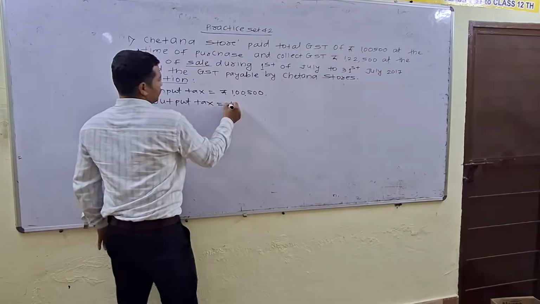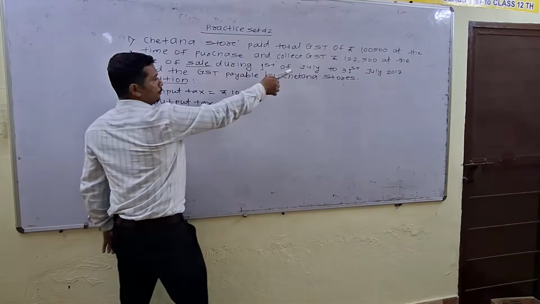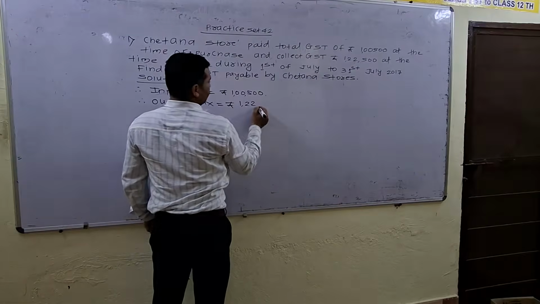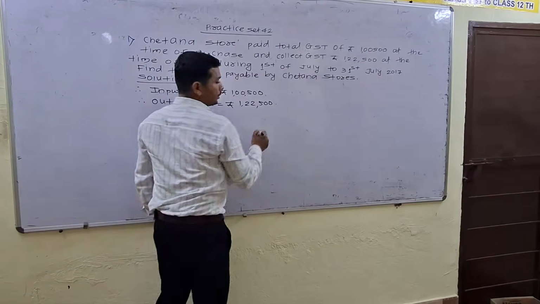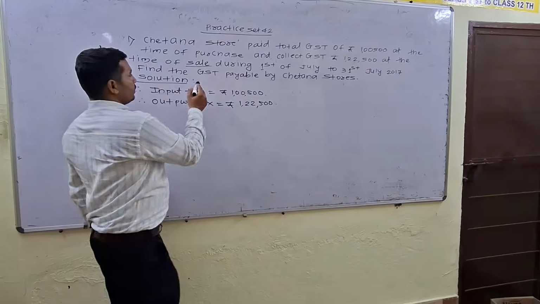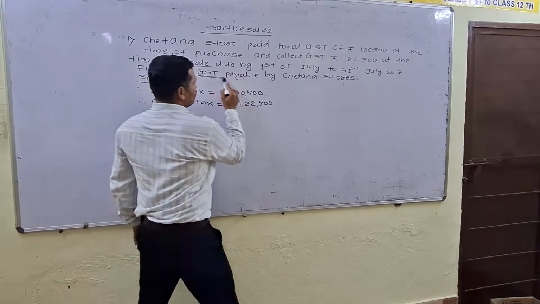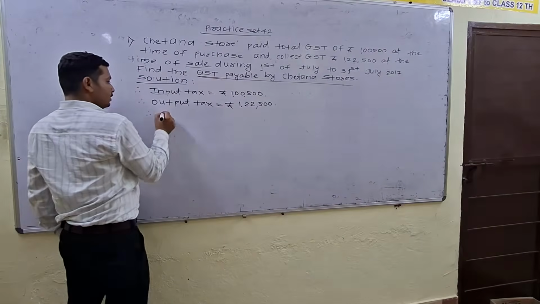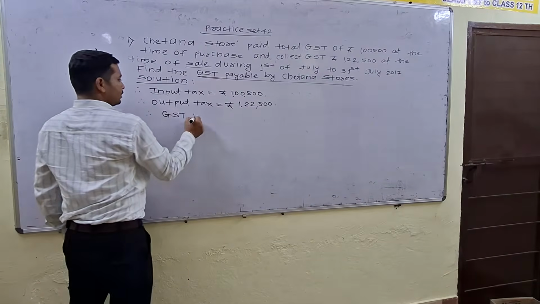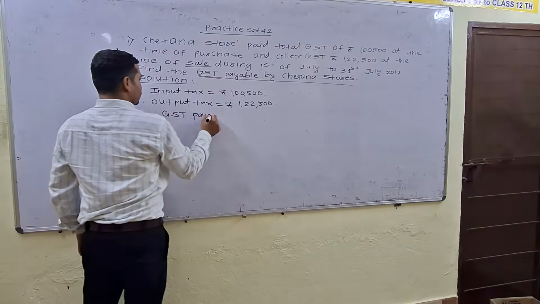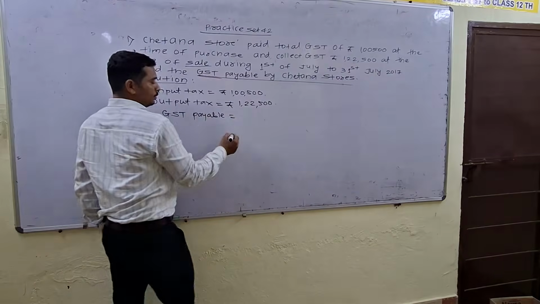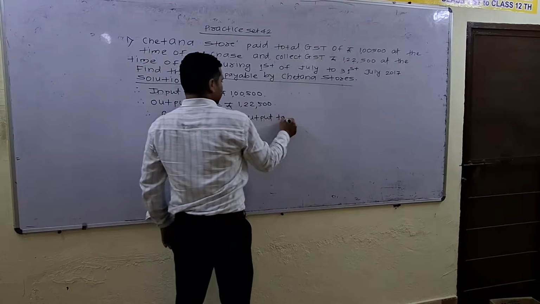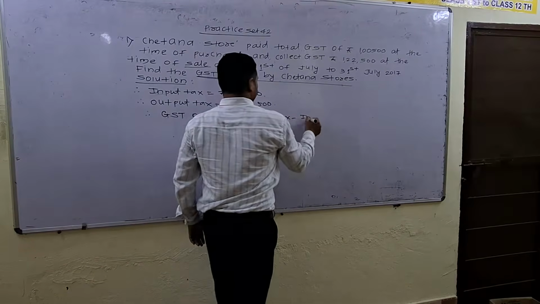Okay, what is the output tax? The output tax is 1,22,500. What do we find out here? We find out the GST payable by Chestnut Store. Using the formula, GST payable is equal to output tax minus input tax.